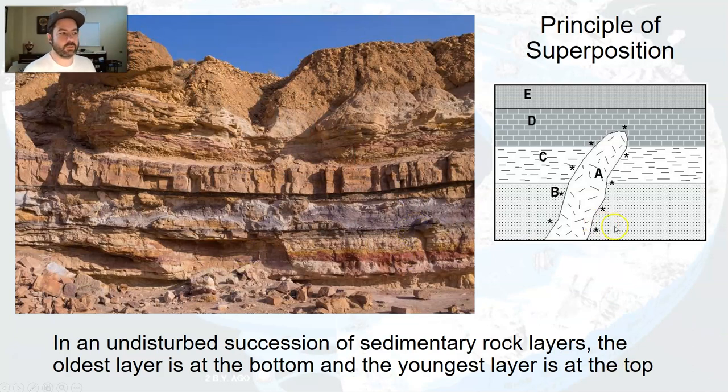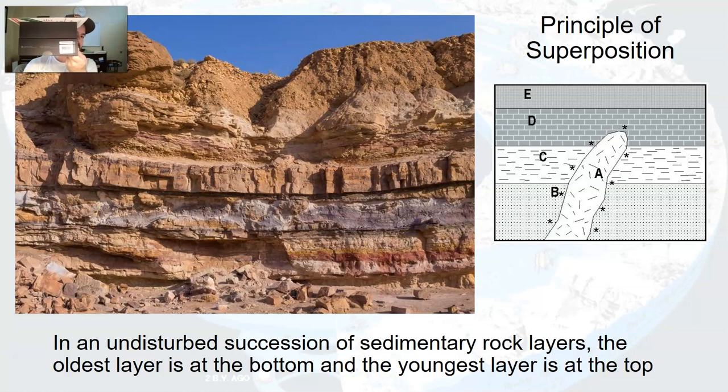All right. So the principle of superposition states that if we're looking at some undisturbed layers of sedimentary rock, then the oldest layers are at the bottom and the youngest layers are at the top. For example, if I start to stack these boxes, 1, 2, 3, which one appeared first?